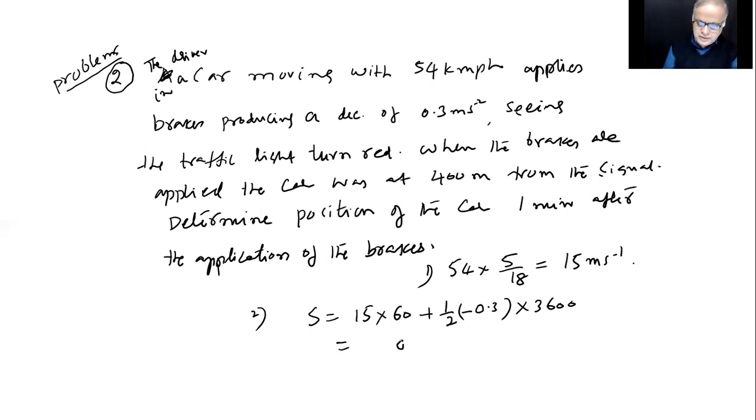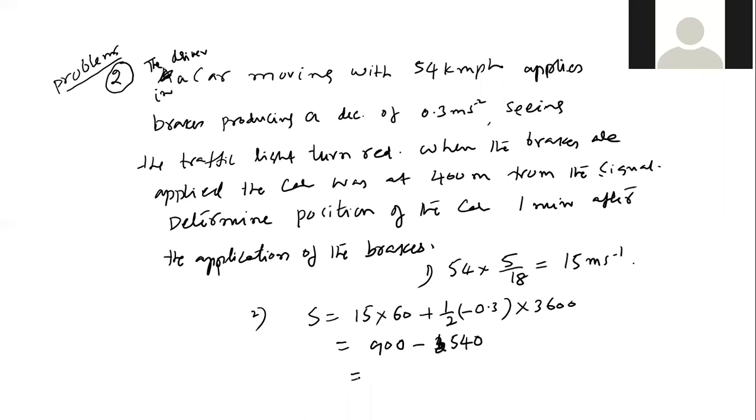So how much is this? 900 minus, sir, 3 into 360. 3 into 180. 540, sir. That is 360.